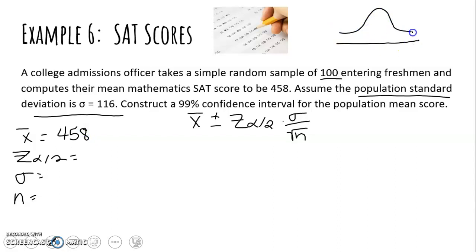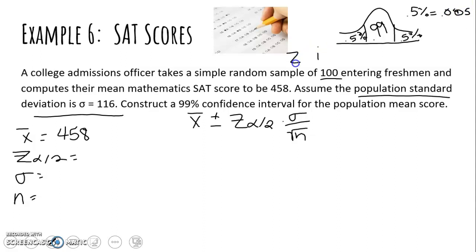let's calculate it. So the center is the confidence level, which is 0.99. That leaves 1%. 99% is the middle. That leaves 1% on either side, so that leaves 0.5% on the left and 0.5% on the right. 0.5% is really 0.005 as a decimal.